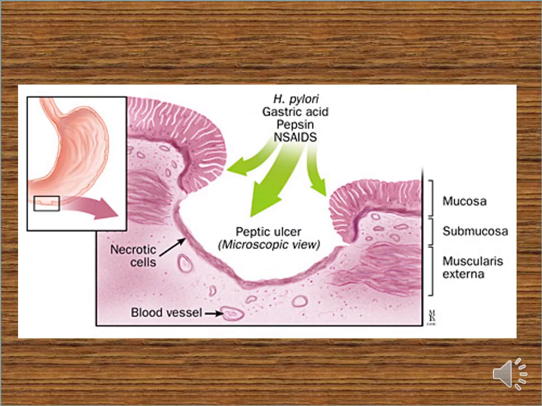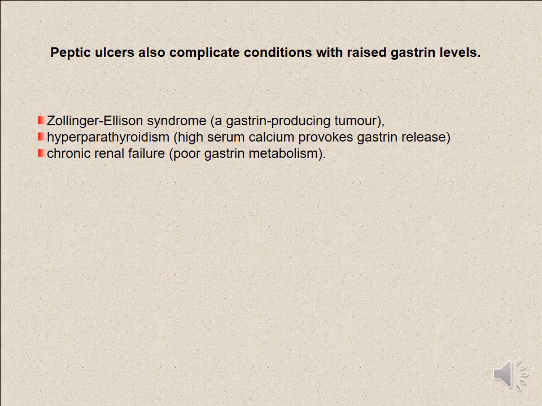This figure shows the pathology of Helicobacter pylori with gastric acid, pepsin and non-steroidal anti-inflammatory drugs that lead to breakdown of the mucous membrane and ulceration, which then goes to the submucosa and the muscular layer and may lead to perforation of the stomach or the duodenum.